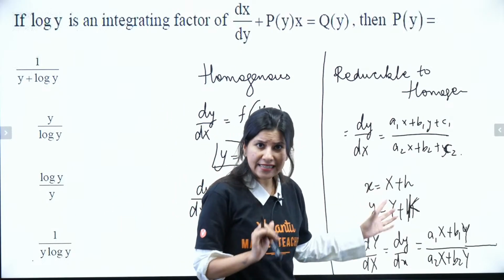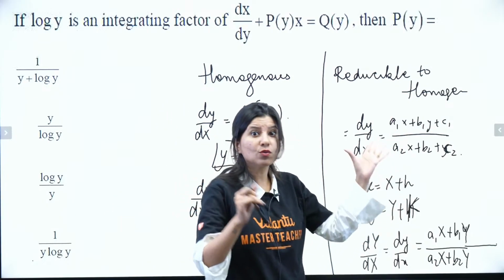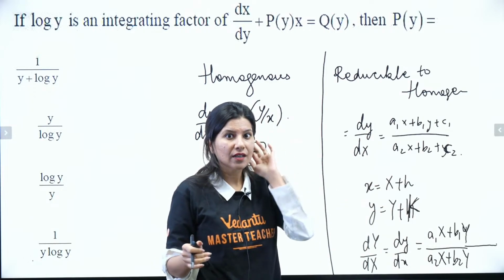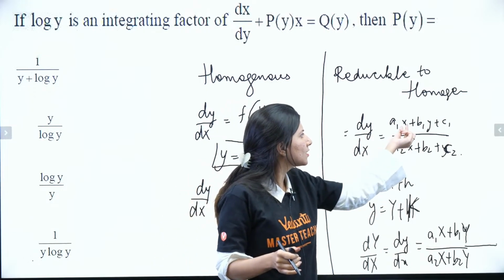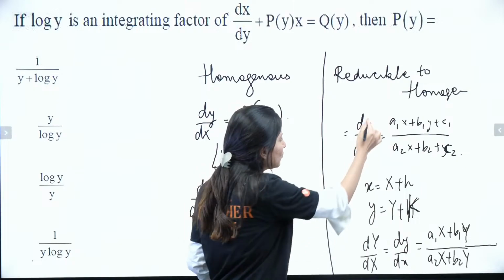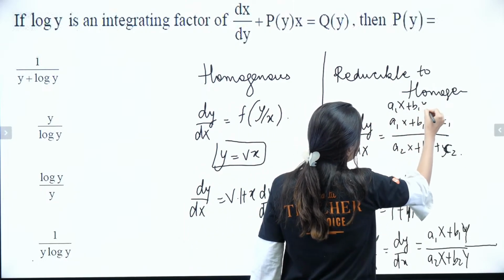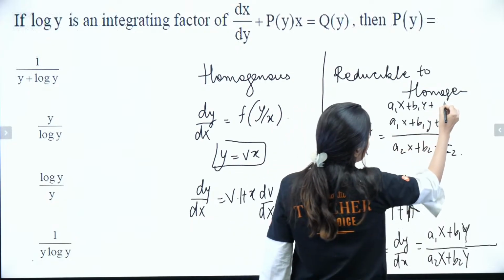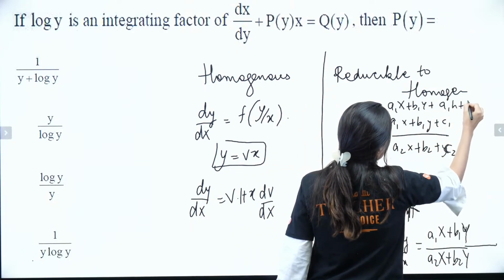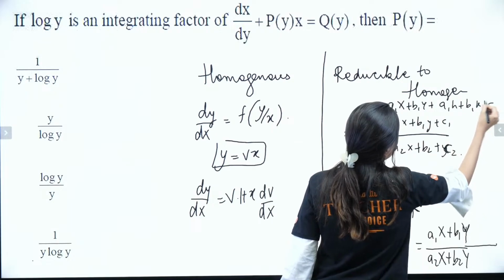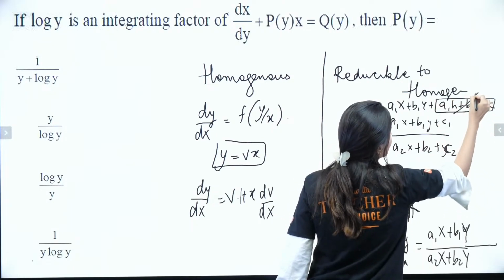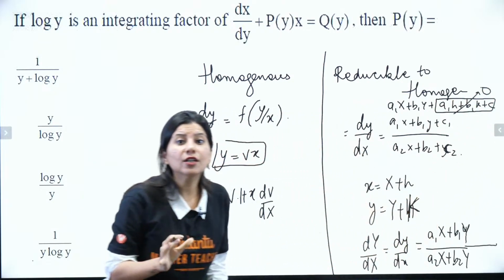So you have to nicely substitute small x is equal to capital X plus h, right? That's what you need to do. So capital X plus h, yes. So you have to substitute. So this will be a1x plus b1y and we are going to have a1h plus b1k plus c. So this term is going to get cancelled out so that we get rid of the constant.